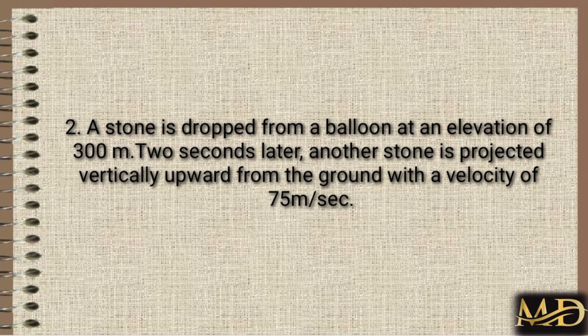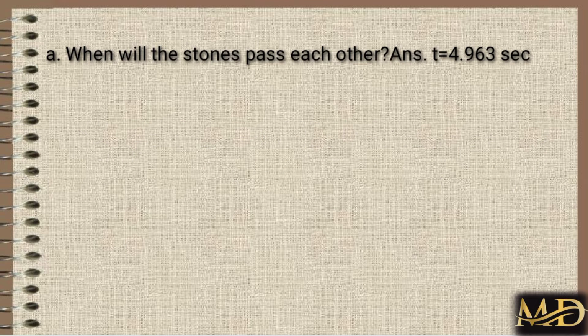Number 2. A stone is dropped from a balloon at an elevation of 300 meters. 2 seconds later, another stone is projected vertically upward from the ground with a velocity of 75 meters per second. Letter A. When will the stones pass each other?